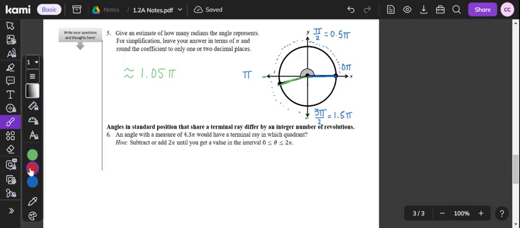In fact, if you were to split this even further, halfway between 1 and 1.5 is 1.25 pi. So you don't even want your estimate to be anywhere near 1.25. It's definitely still closer to that 1 mark. So again, if you had something different, that's fine as long as it makes sense and as long as it's not even close to 1.25 pi.